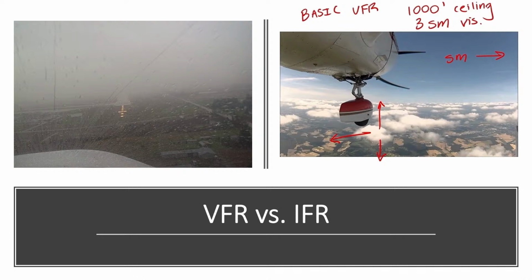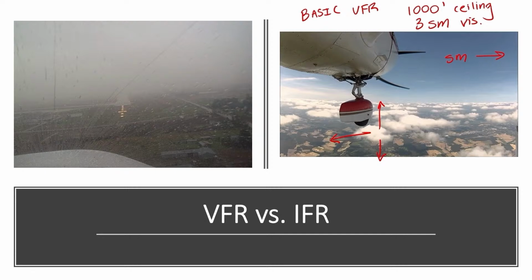The IFR world is basically going to allow you to fly through the clouds, in the clouds, and you don't have any real visibility or ceiling requirements. The main thing is that you fly solely by reference to your instruments versus VFR, where we fly solely by looking out the window 90% of the time and then backing that information up by looking at our instruments.